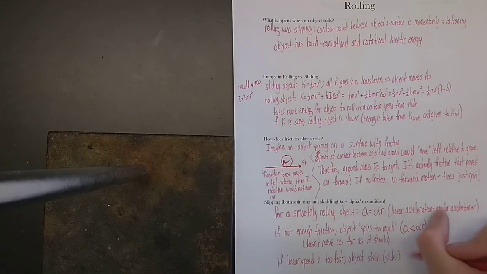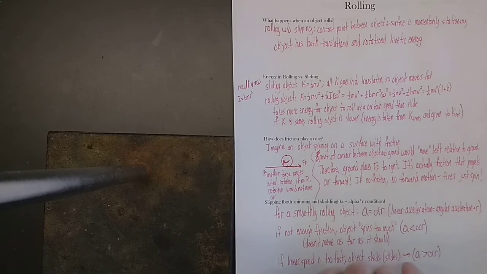It slides too much. And that happens when your linear acceleration is greater than the product of your angular acceleration multiplied by the radius. Okay, so that's not a particularly big part of this topic, but I did want to mention it just in case it comes up somewhere.